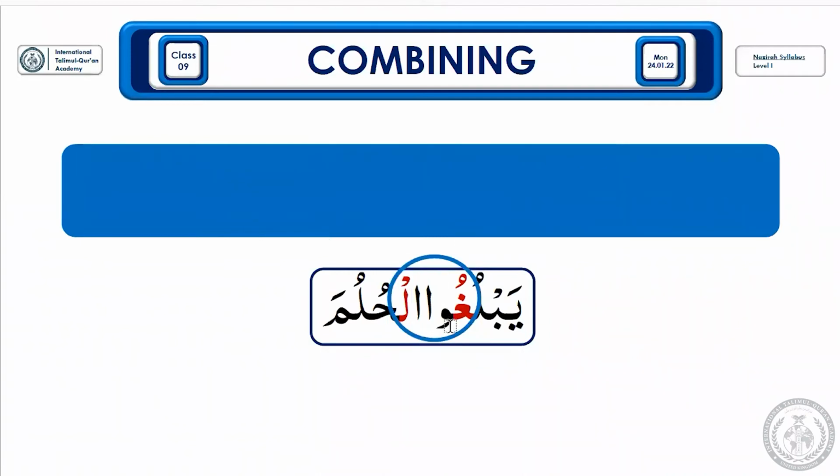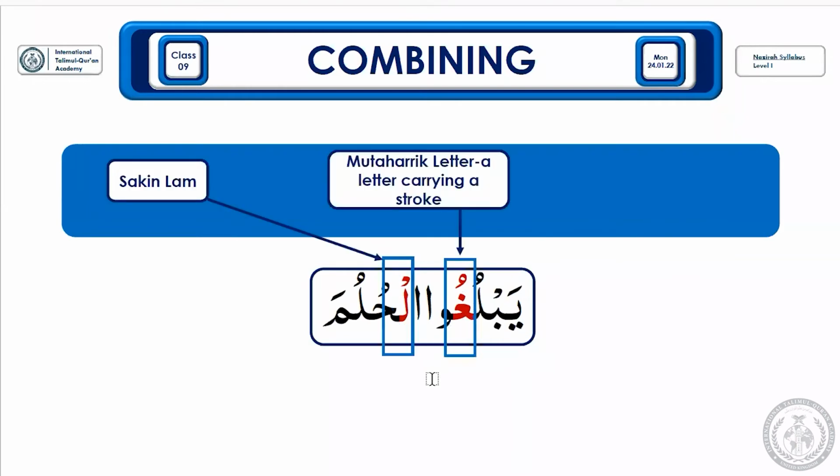But if I look before these letters, the ones without the sign, I have a ghain. Now the ghain has a dhamma, so that's the most recent mutaharrik letter. So I will join the ghain and the lam sakin, and I will read it as ghul. My ghain is my mutaharrik letter.